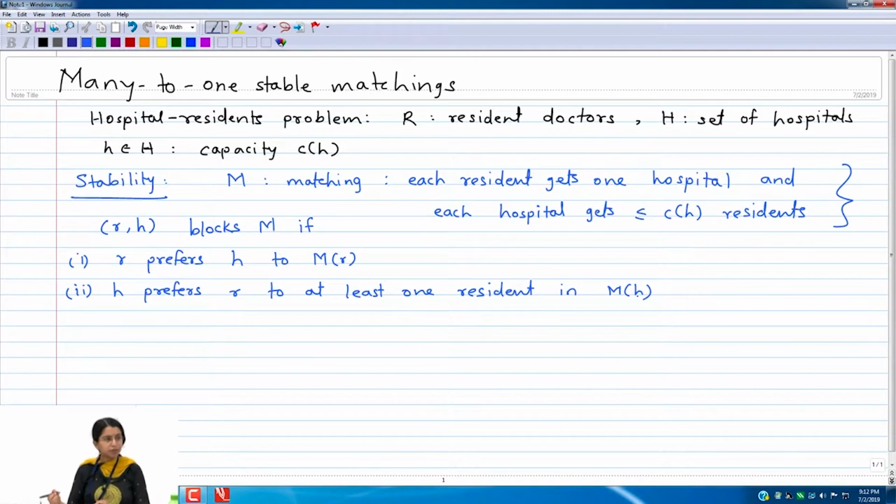We also need to consider one more case here. So what if H has a vacancy? In that case, R is also willing to go to H, and H is also in a position to absorb R without even discarding any of the existing residents who are assigned to H. So here it comes, what we call undersubscribed.